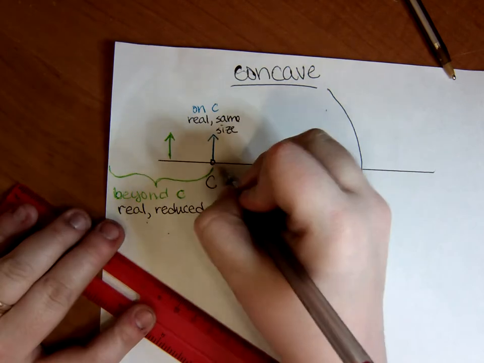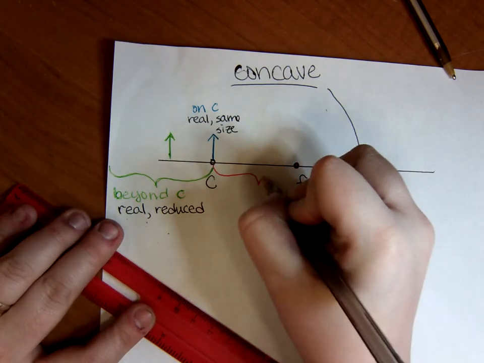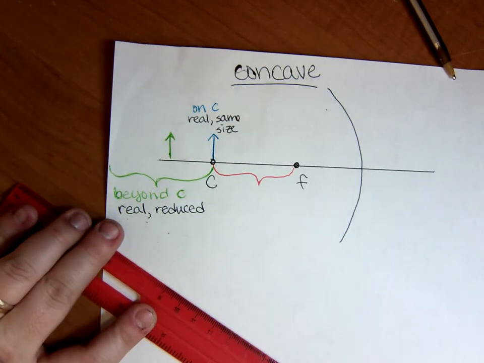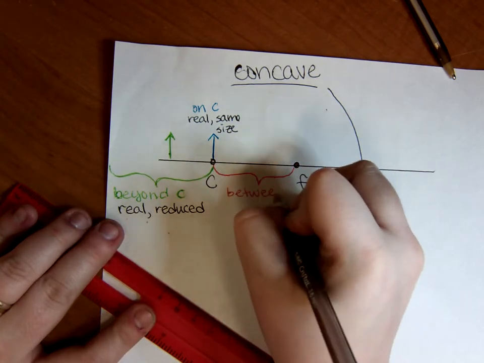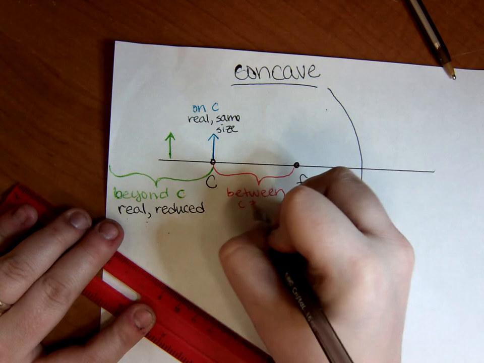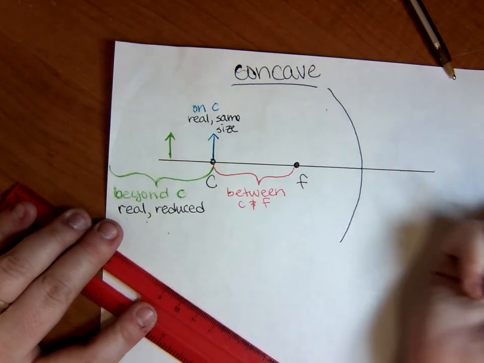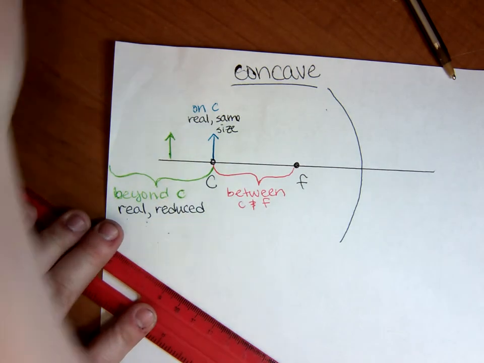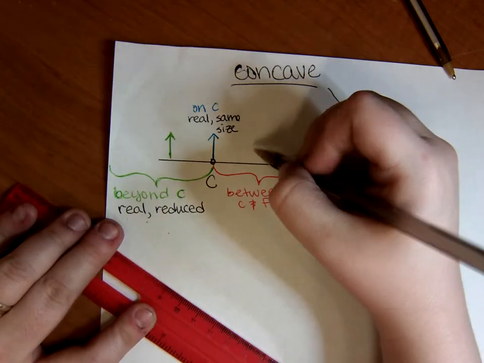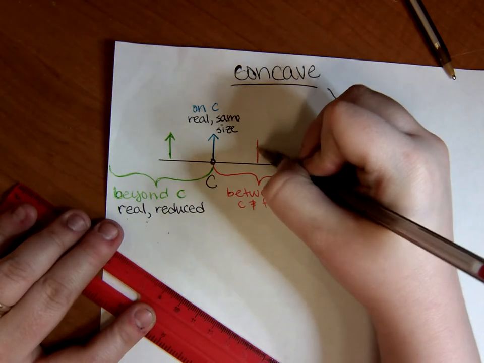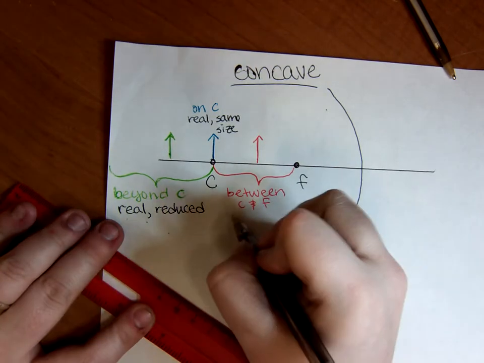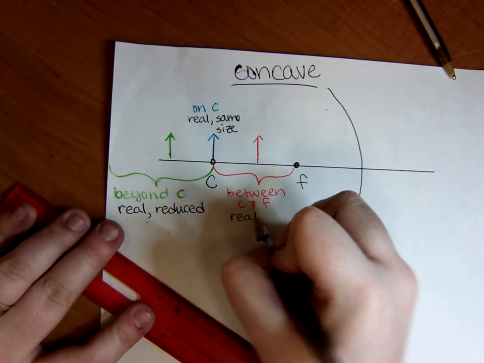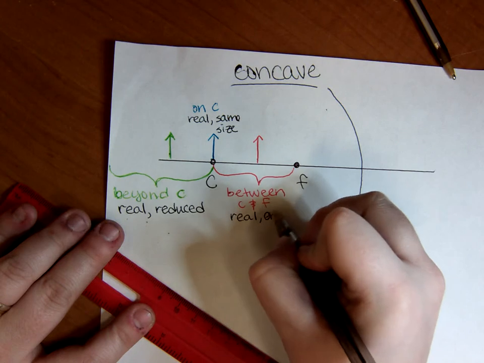What about if we are between the center of curvature and the focal point? So between C and F, if our object falls in this range, then our image will be real and enlarged.